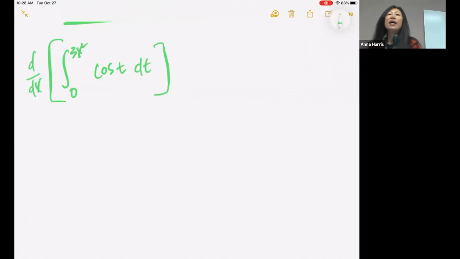If they ask you to do this problem, you're going to say to yourself, okay, this means the second fundamental theorem of calculus, so I can use that theorem. And the theorem says I can simply replace t with the upper bound.